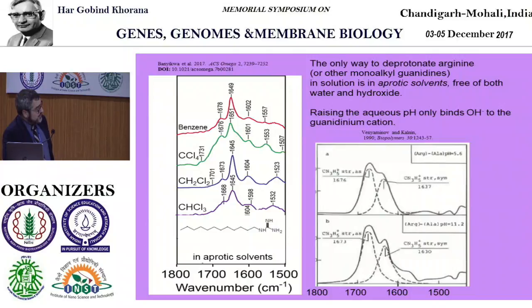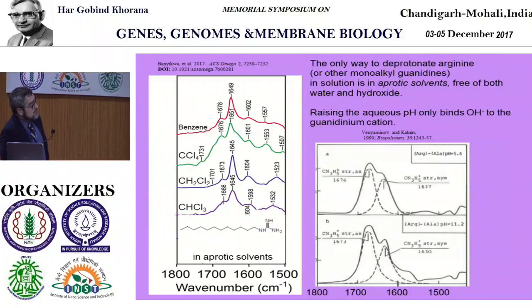By raising the pH to 11.2, they started to see this very, very clear band at around 1560 wave number, which many people, including myself, had thought for a number of years was characteristic of the initiation of deprotonation of the guanidine side chain. In fact, these spectra prove that that is not true.